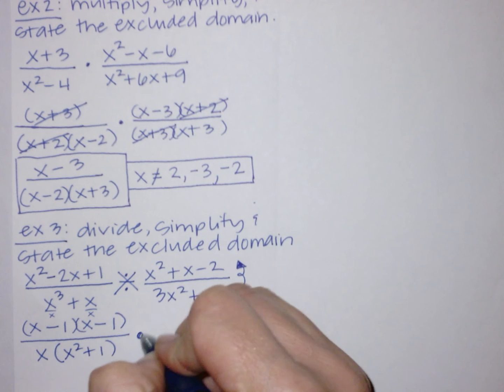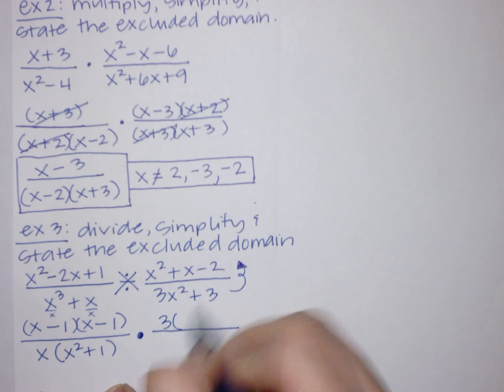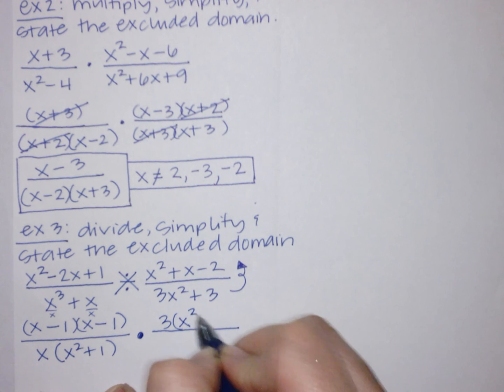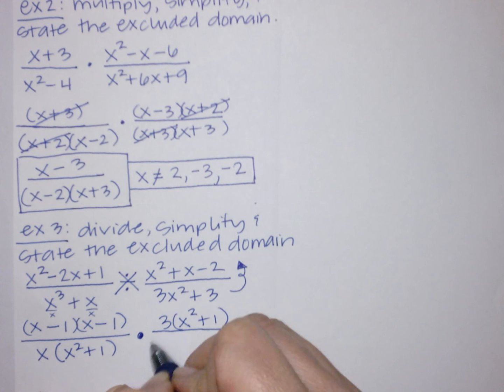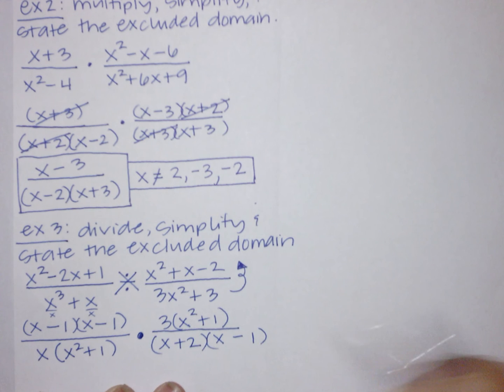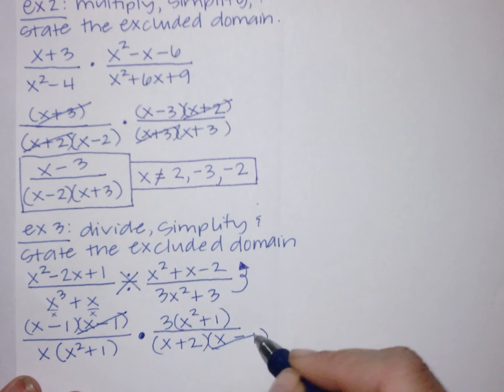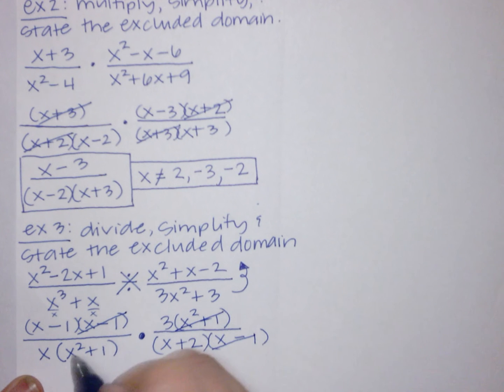And then I'm multiplying over here, and remember I'm flipping this, so this denominator becomes the numerator, and then the numerator becomes the denominator. So x and x plus 2 minus 1. Now that I have some common factors, some in the numerator, some in the denominator, I can reduce them.